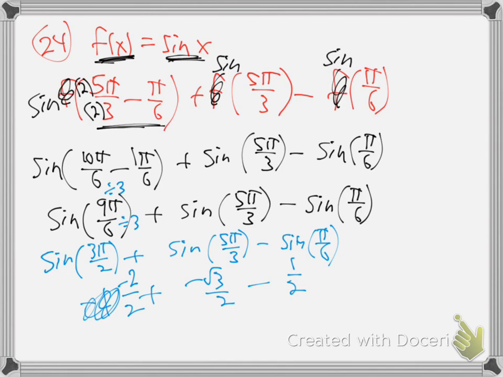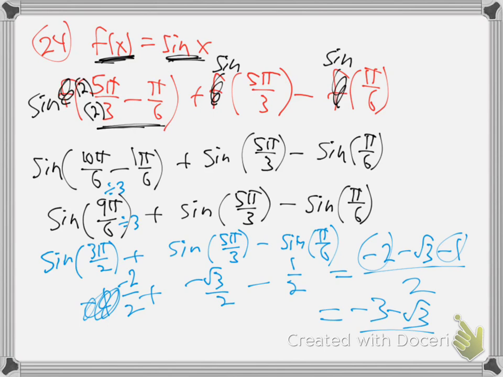But now they all have the same denominator. So I can combine them. So putting that all together, what do you got? -2 minus √3, -1 all over 2. And then -2 and -1, -3 minus √3 all over 2. There it is. It's as simple as it can get.